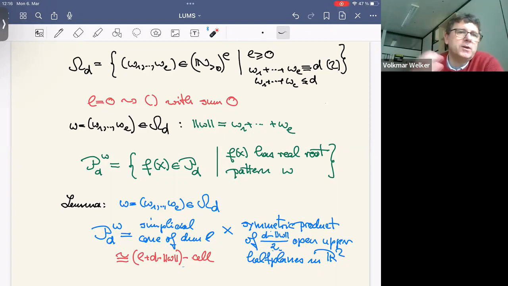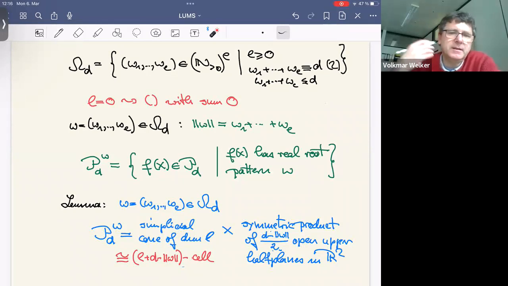And then since they are roots, you don't know in which order they come, so you need the symmetric product. You take the direct product of that many half planes and you mod out by the action of the symmetric group. And then classic topology tells you that this is again a ball. Okay, so altogether you get a description of this object as a ball. It's an L plus d minus norm of omega dimensional cell.